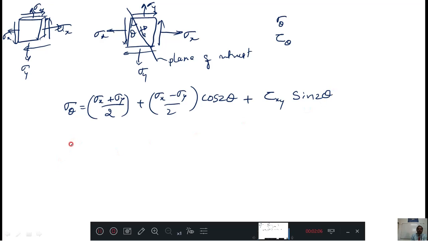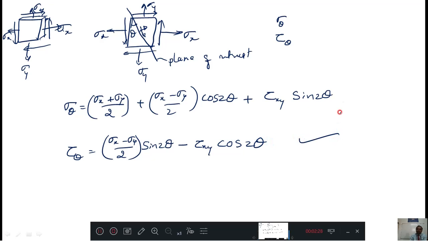Then tau theta is equal to sigma x minus sigma y by 2, and instead of cos 2 theta here it comes sin 2 theta, and instead of plus it will come minus, and tau xy as it is, and instead of sin 2 theta here cos 2 theta. Okay. These two equations we derived.